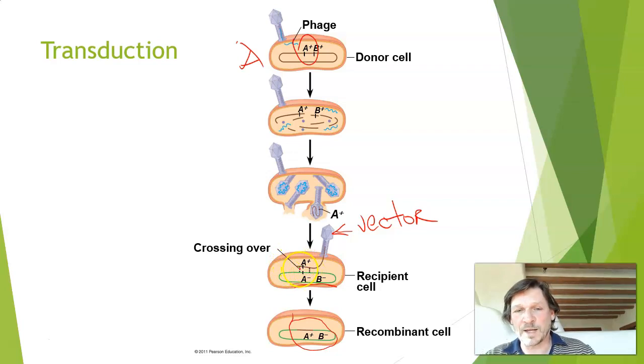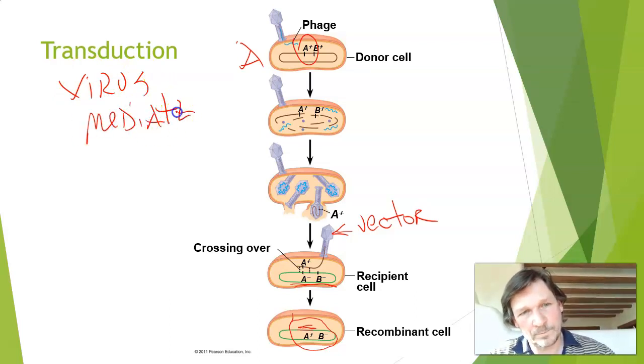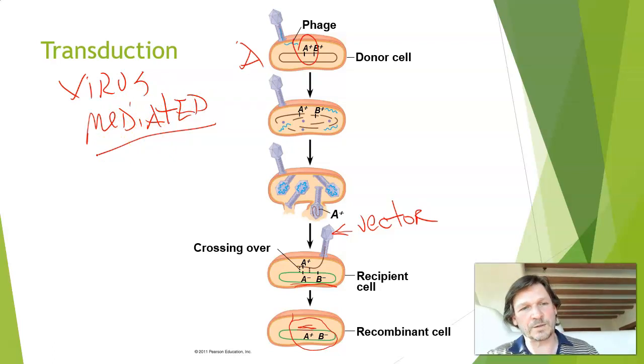But similar DNA can swap out, and so what happens is the A plus gene swaps in and takes over from the A minus gene, and now it's picked up a new trait. So that's transduction, moved across by a virus. Transduction, virus mediated.